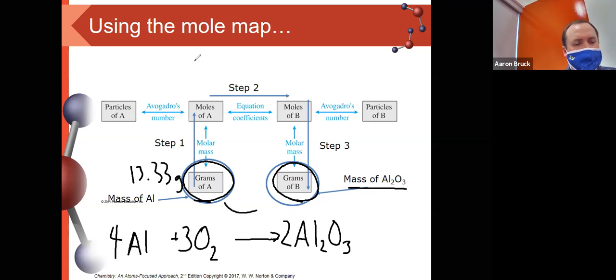I can't just go straight from one to the other by comparing molar masses or anything like that, because there's no set guarantee that they are reacting in a one-to-one fashion. If we look at the balanced chemical equation, we can see that they are not being enacted in a one-to-one fashion at all. So I've got to go through the map, which means I've got to go from grams up here to moles.